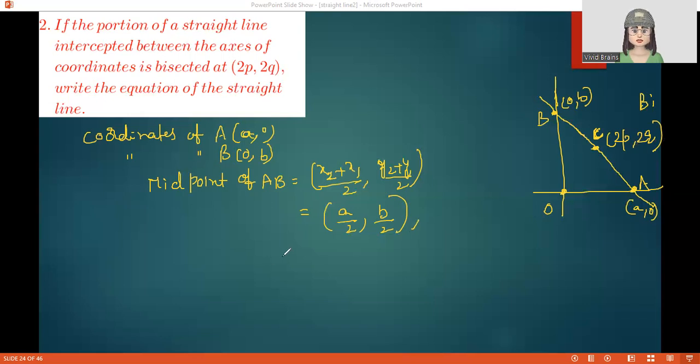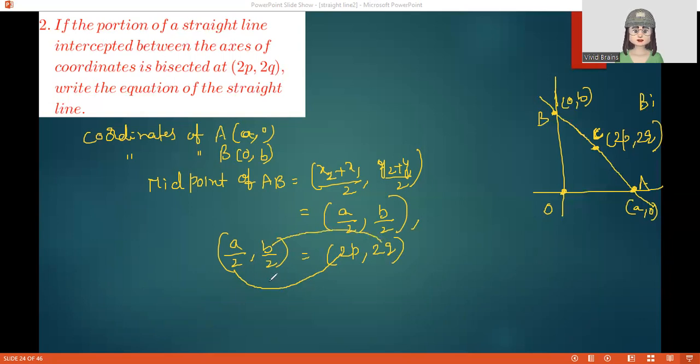So can we equate these two? Yes. So a by 2 comma b by 2 is equal to 2p comma 2q. We know when two coordinates are equal, then their respective x coordinates and respective y coordinates should be equal, right?